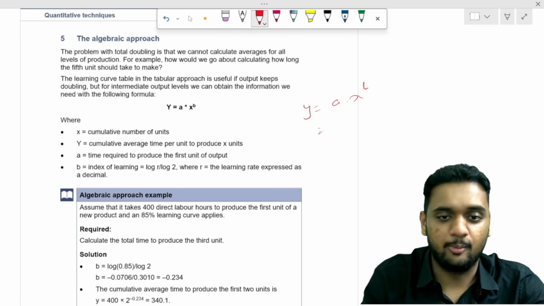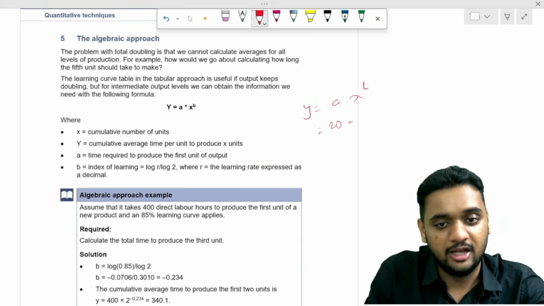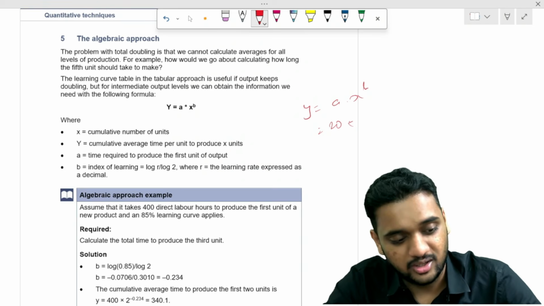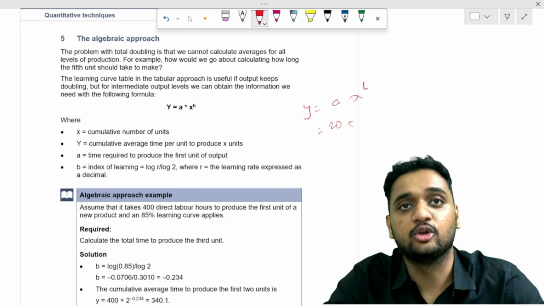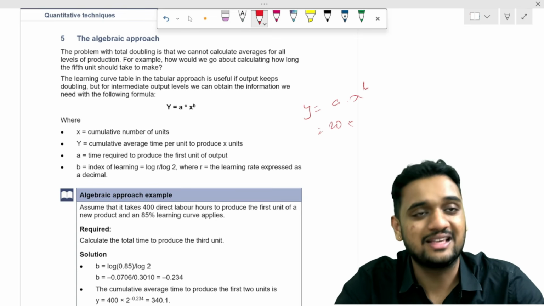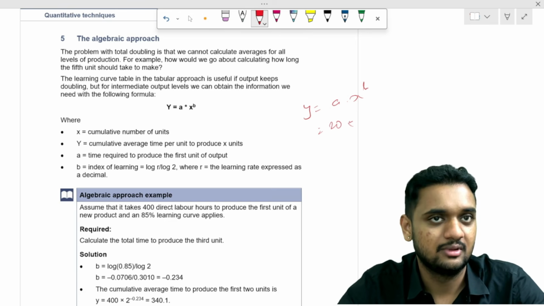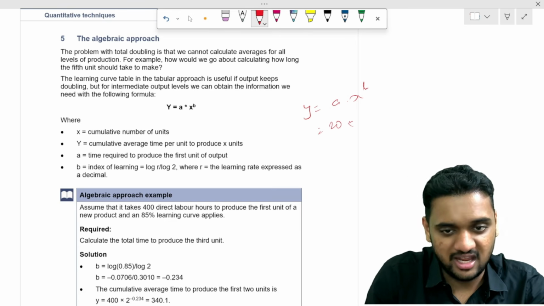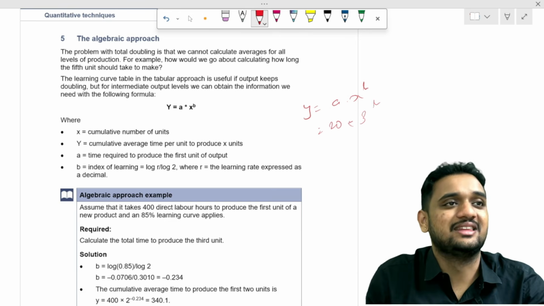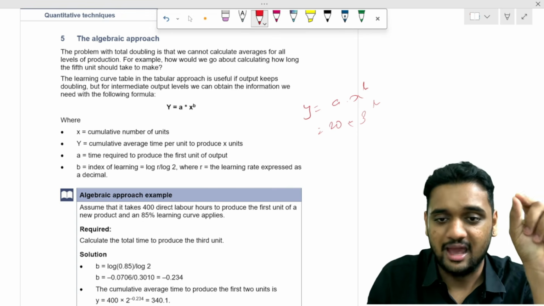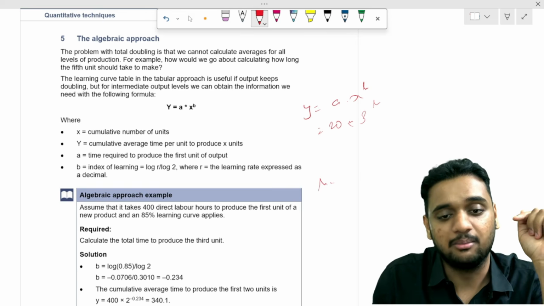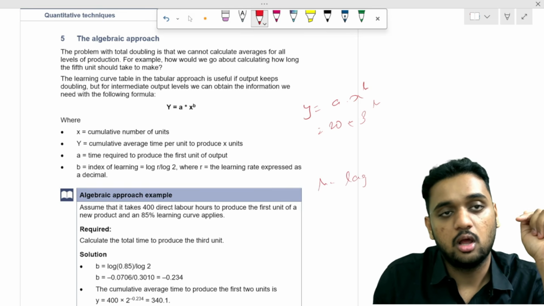Understood? Suppose the first unit is 20 hours. In the question, if they ask you to find the cumulative average time taken to produce 3 units, x will be the number of units, 3. B is nothing but a log.